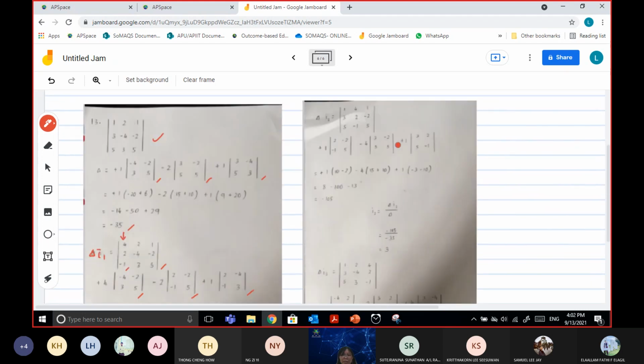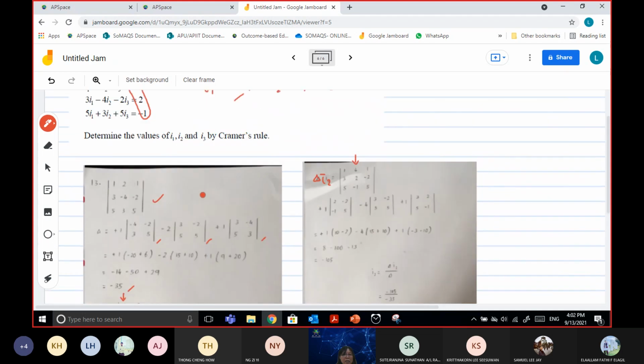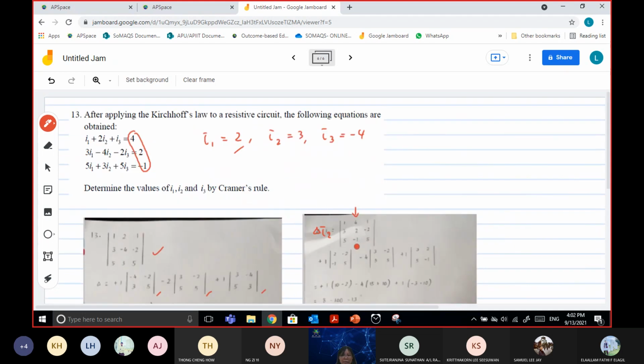Then we proceed to the determinant for I2. I2 means the second column, which we replace with 4, 2, and negative 1. The first column 1, 3, 5 remains, and the third column 1, negative 2, 5 remains. Correct. Then the workings: 2, negative 2, negative 1, and 5, correct.